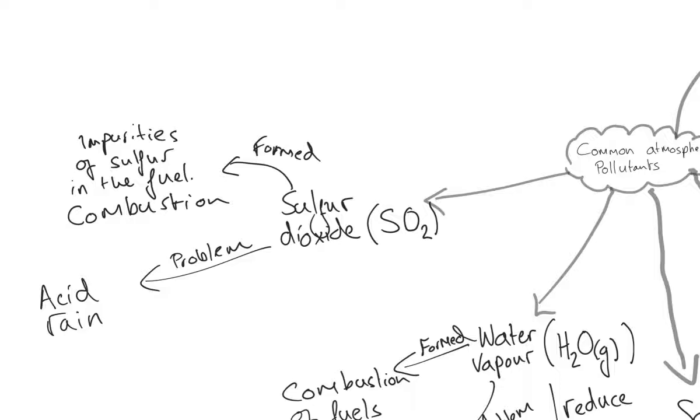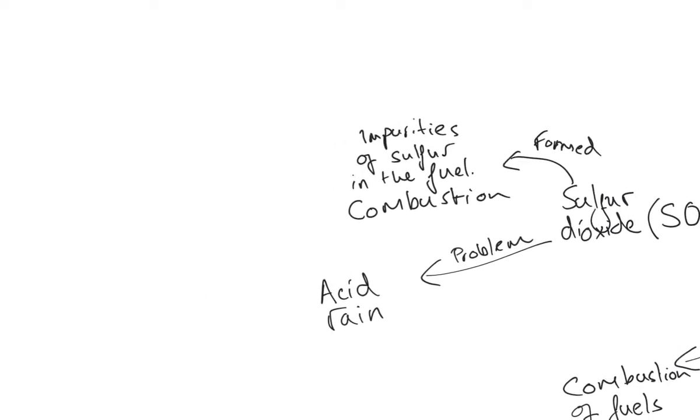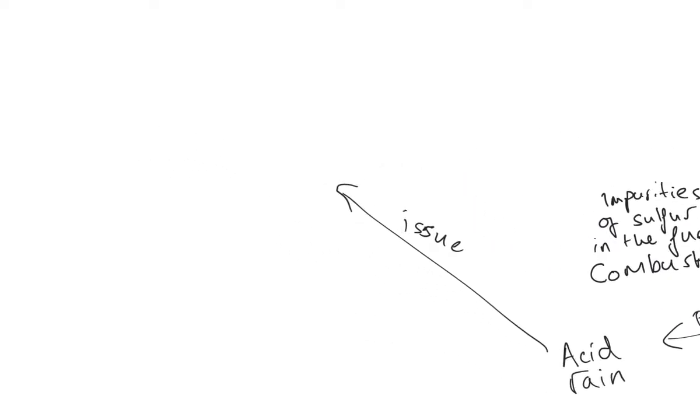Why is acid rain an issue? I'm just going to write it down over here because there's something else we're going to talk about in a minute. So acid rain is an issue because acid rain essentially means that it's raining a very dilute acid.